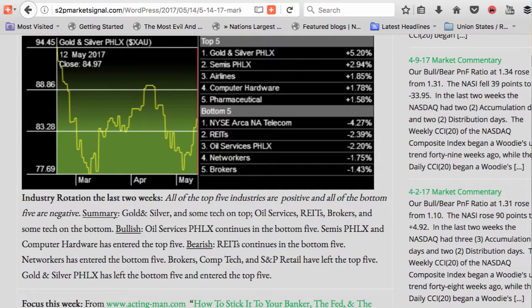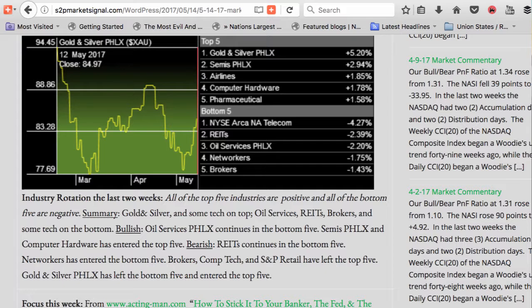All of the top 5 industries are positive, and all of the bottom 5 are negative. Summary: gold and silver and some tech on top. Oil services, REITs, brokers, and some tech on the bottom. Bullish: oil services continues in the bottom 5.